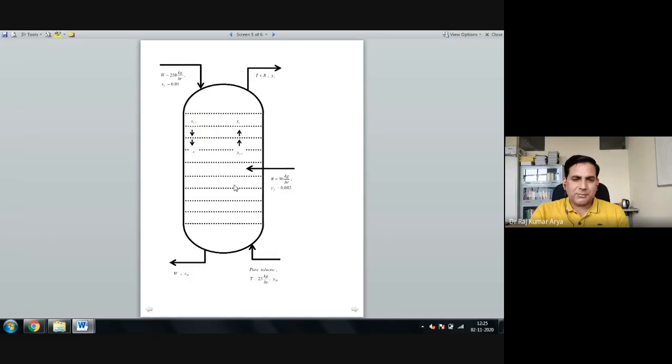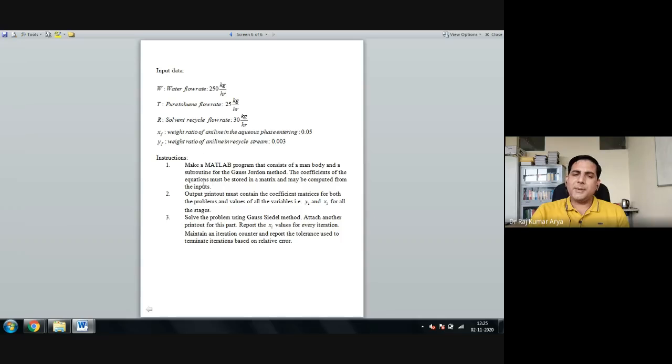The problem statement further is: make a MATLAB program that consists of a main body, meaning just a main program, and a subroutine for Gauss-Jordan. Here I want to calculate it by Gauss-Jordan, but you can solve it by Gauss-Jordan or Gauss-Seidel. If you have made the programming for one, it would be the same for all. The coefficients of the equations must be stored in a matrix, which you will already do once you make a program.